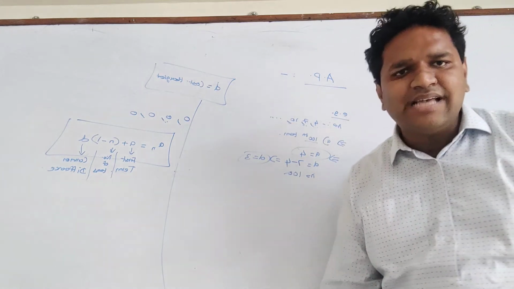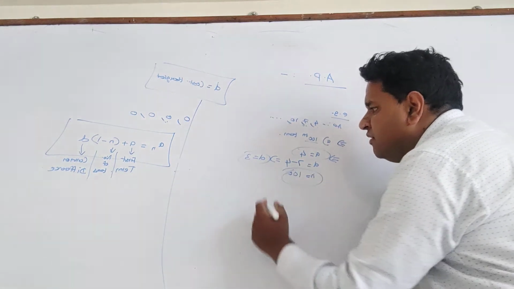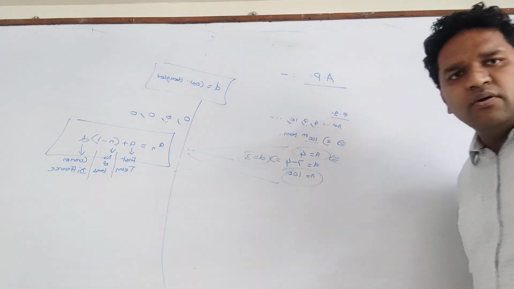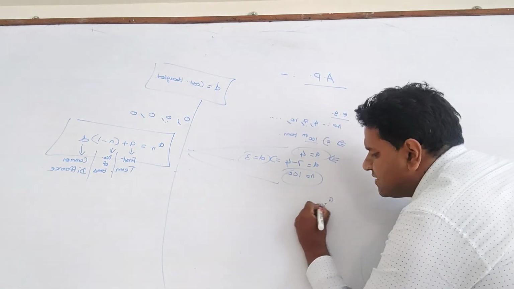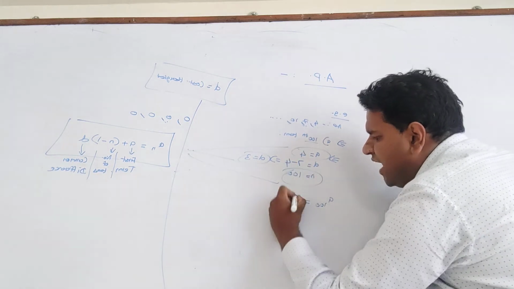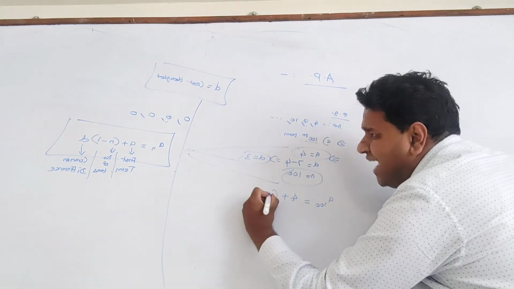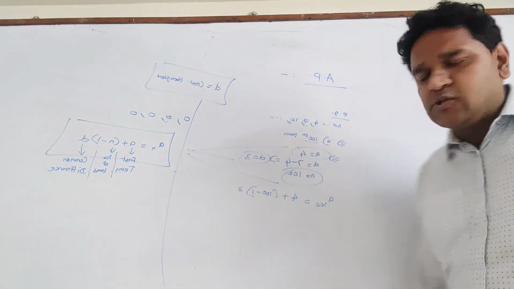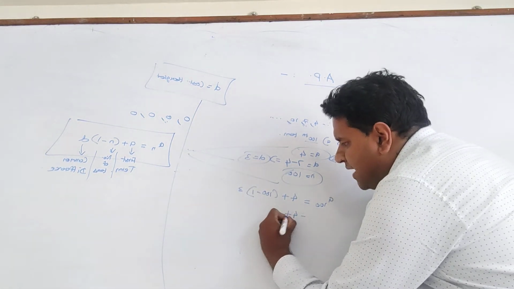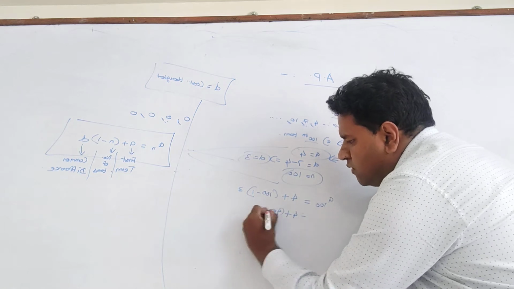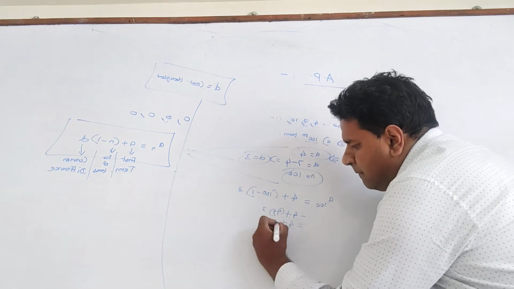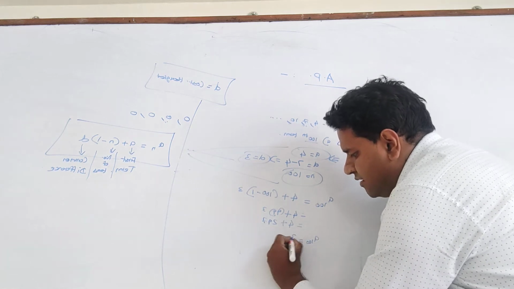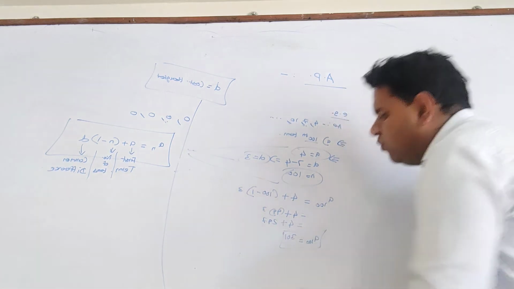Simply putting all of these three in the expression, I get a to the base 100 is equal to a, which is 4, plus n, which is 100, minus 1, into 3. So I have 4 plus 99 into 3, 4 plus 297, so a to the base 100 is equal to 301.